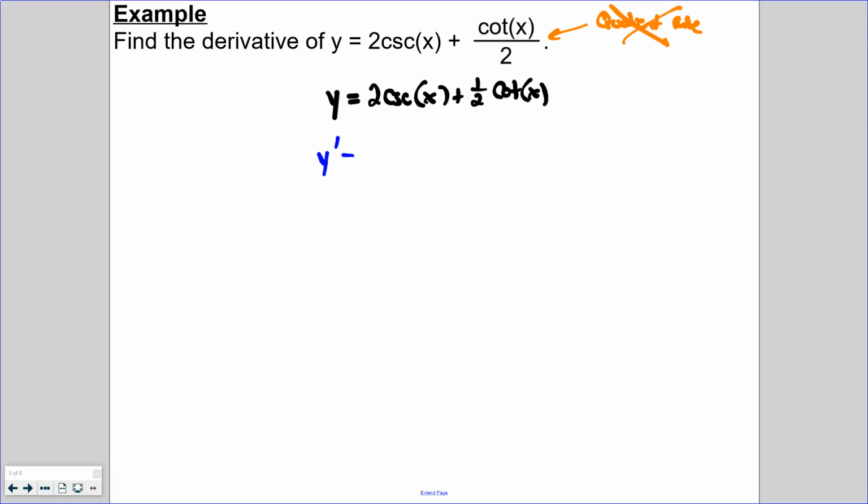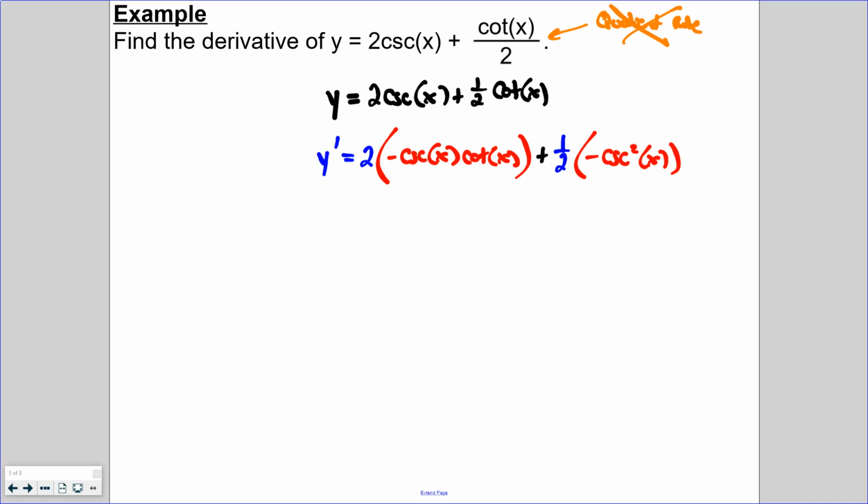So y prime is equal to 2 times the derivative of cosecant, which is negative cosecant of x cotangent of x, plus 1/2 times the derivative of cotangent, which is negative cosecant squared of x.